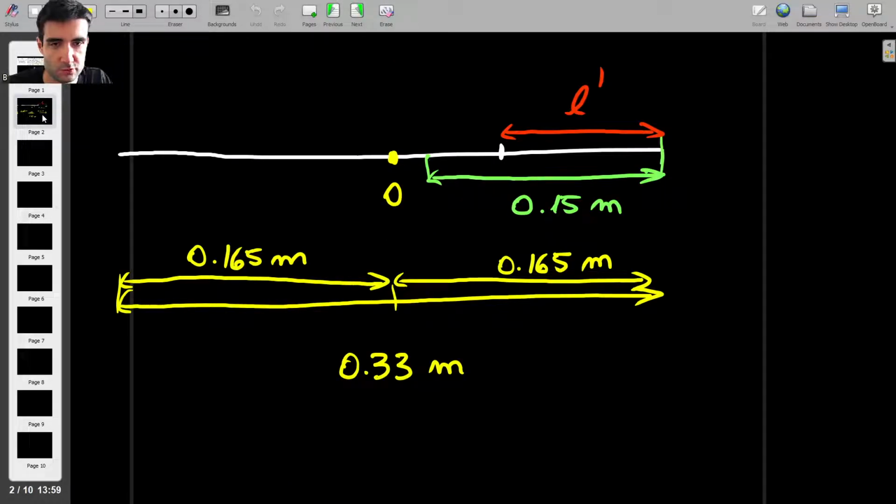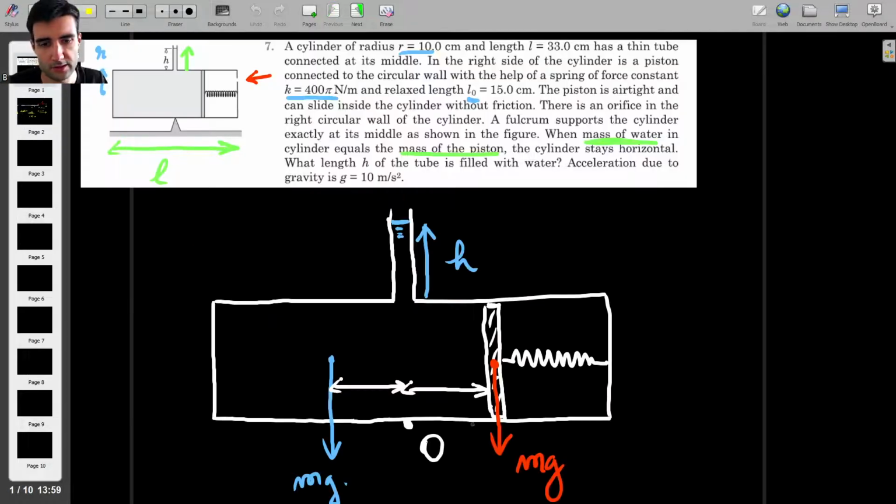So we will try to figure out a way of writing the moment due to the piston, as well as the moment due to the water. So all we have to write is an expression for this length as well as an expression for this length right here. So let's start maybe with this one.